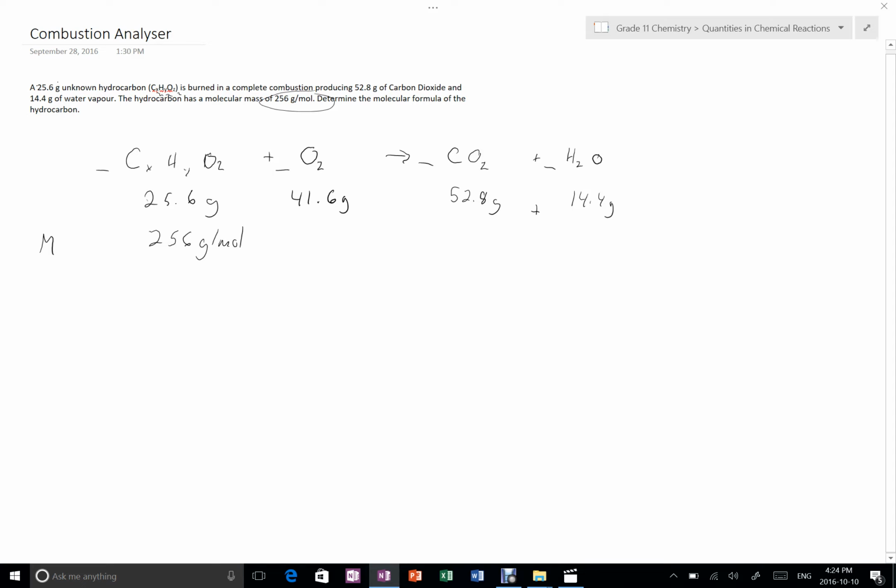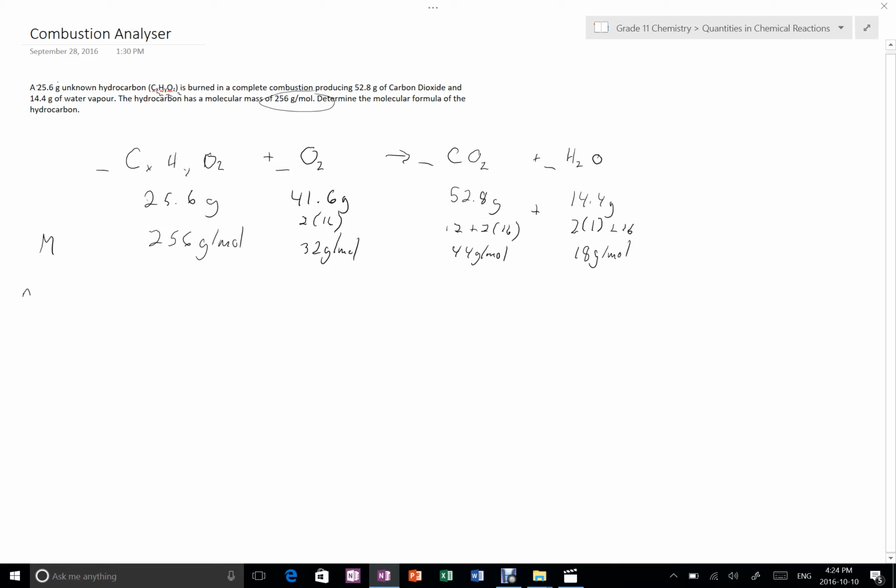For all the other ones, since we know their chemical formulas, we can find them. Oxygen, 2 times 16, or 32 grams per mole. CO2, 12, plus 2 times 16, or 44 grams per mole. And water, 2 times 1 plus our 16 for 18 grams per mole.